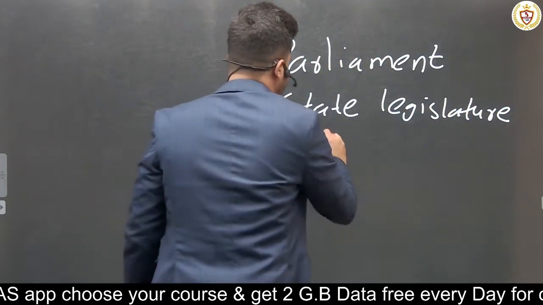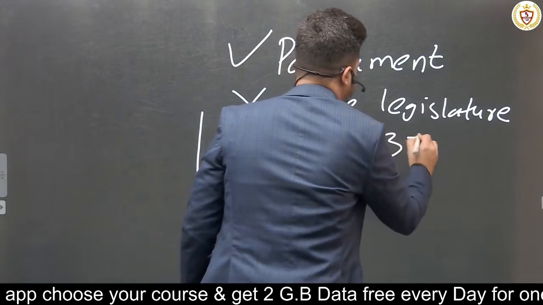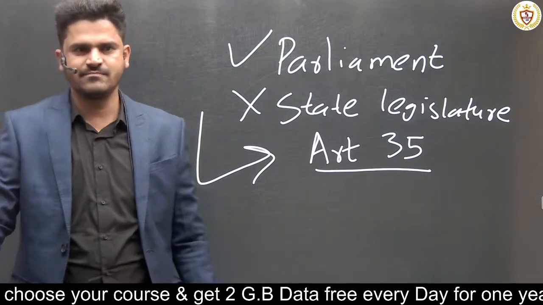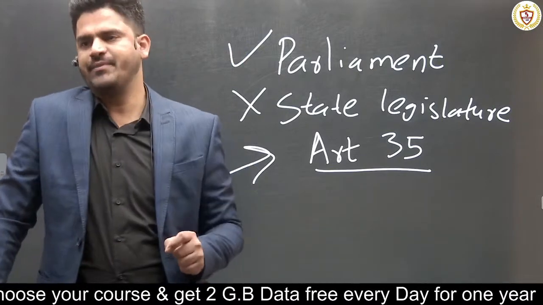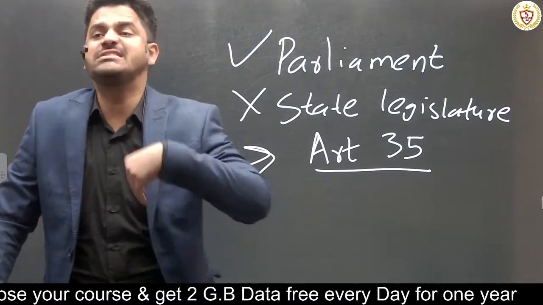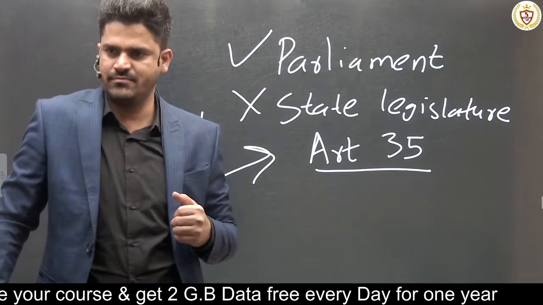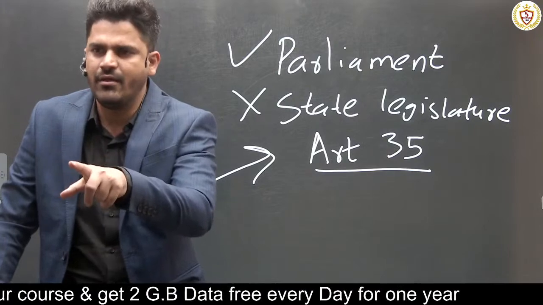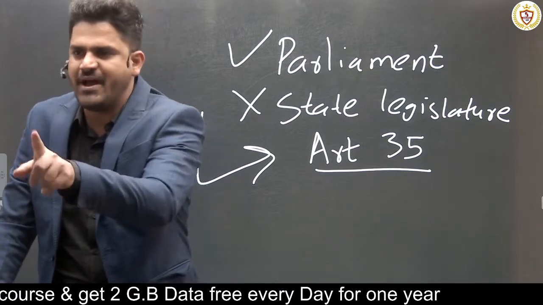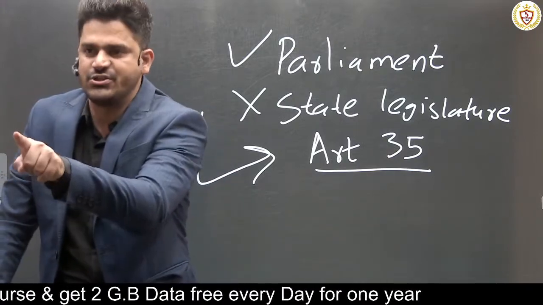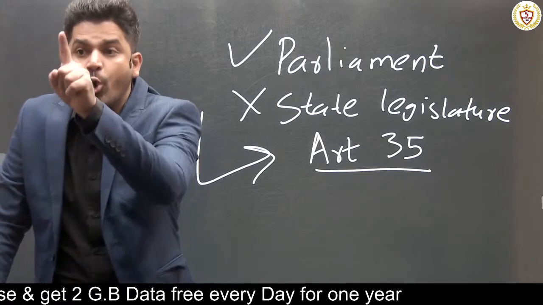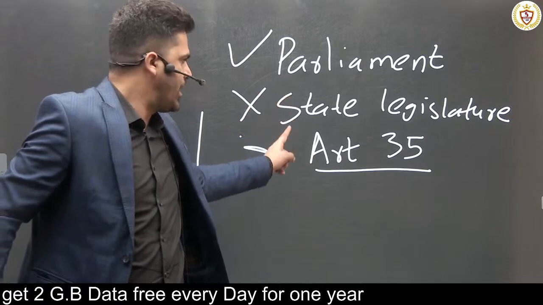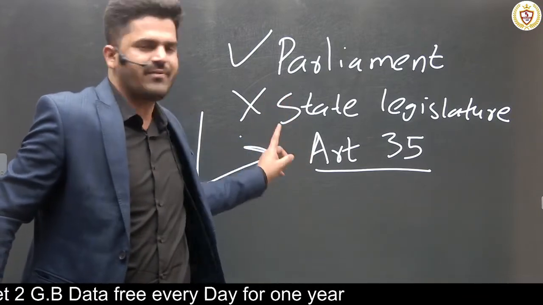It is mentioned in Article 35 of the Indian Constitution. Any fundamental right which is non-self-executory can become enforceable only when subsequent legislation is passed by the legislature. Such legislation can be passed only by the Parliament. It cannot be passed by the state legislature according to the provisions of Article 35.